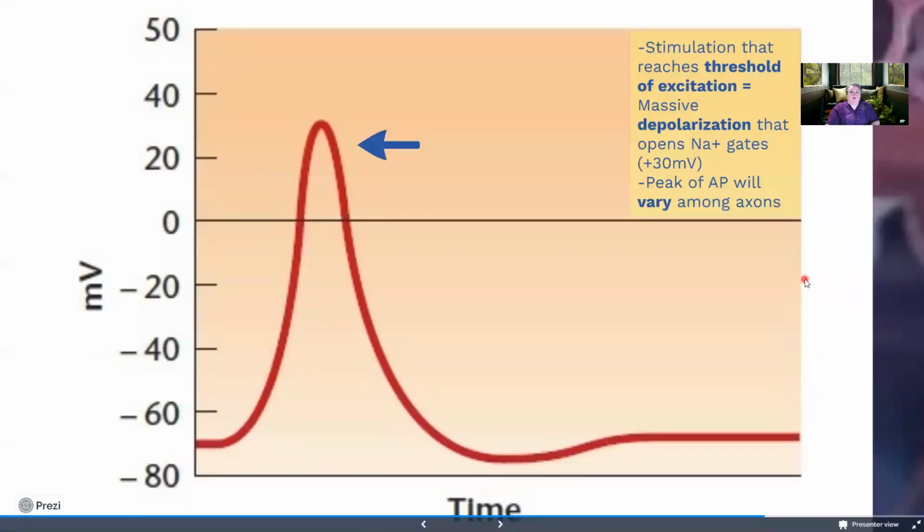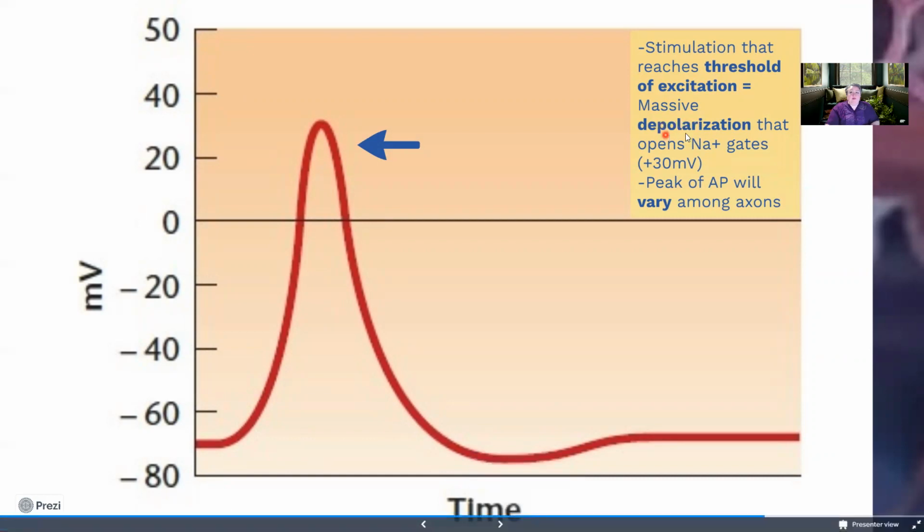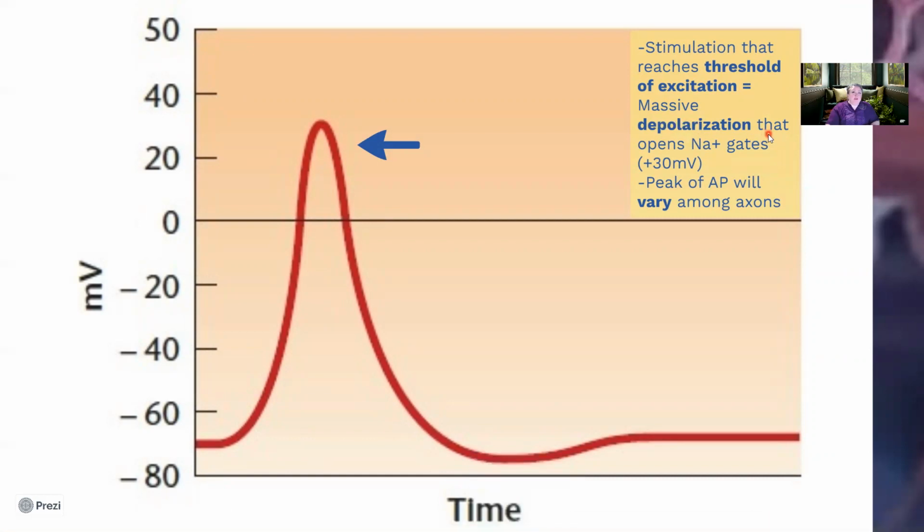And this is an example of a stimulation that met that threshold of excitation. So again, it's a massive depolarization. And if you think back to that video where we saw the membrane of the neuron and those sodium channels that allow sodium in or out, when the threshold of excitation has been met, those sodium channels will open up and allow that sodium to come in.